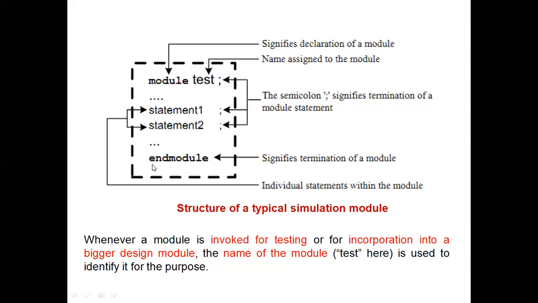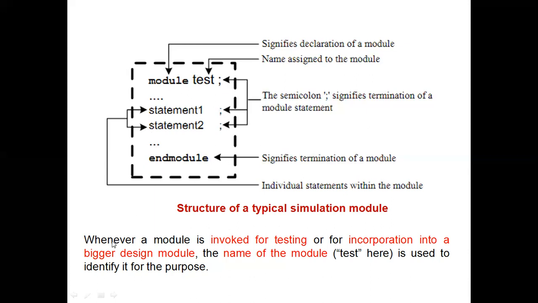How to terminate the module? By using endmodule. Here one thing you have to remember: each and every statement should terminate with a semicolon. So this is the structure of the module declaration.